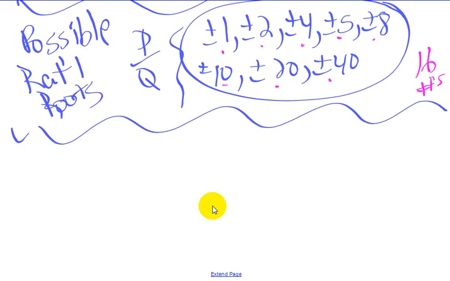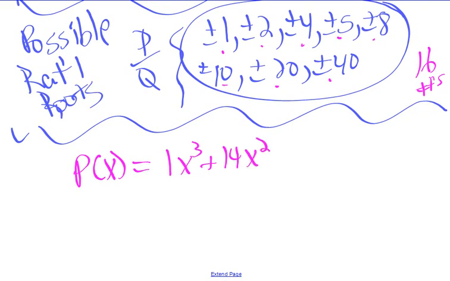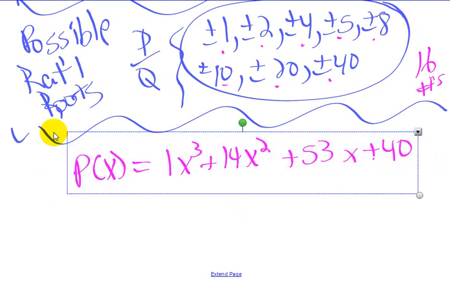So our problem is p of x equals, and I'll just do the 1x cubed plus 14x squared plus 53x plus 40. Okay, so let me group that.